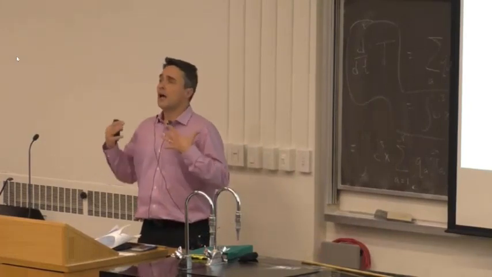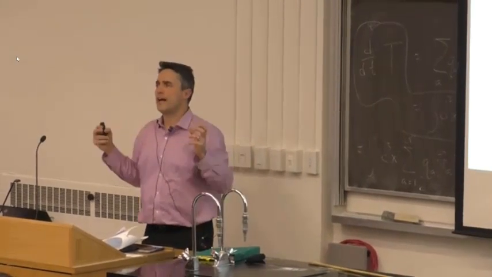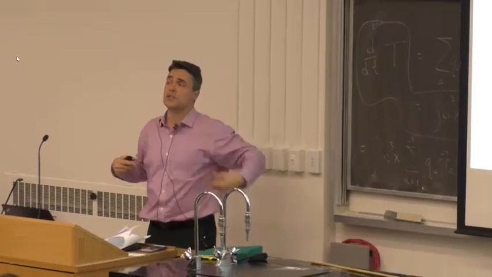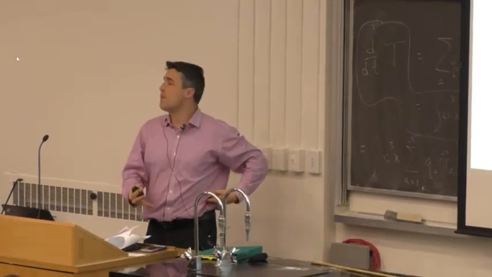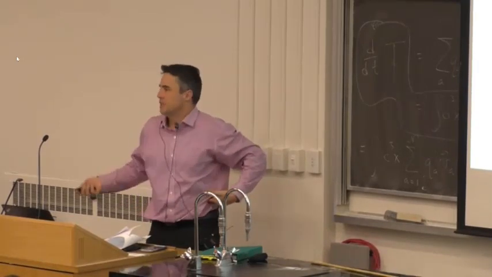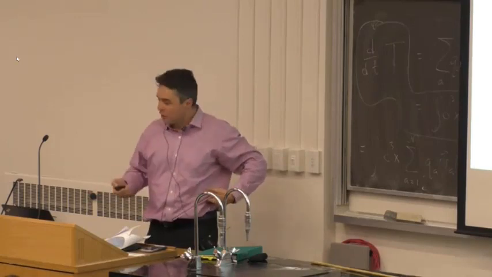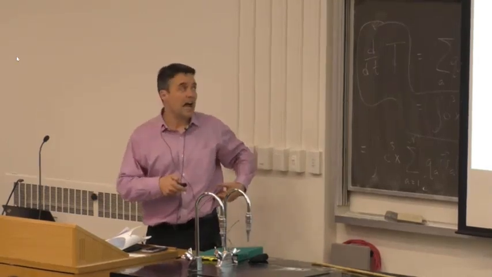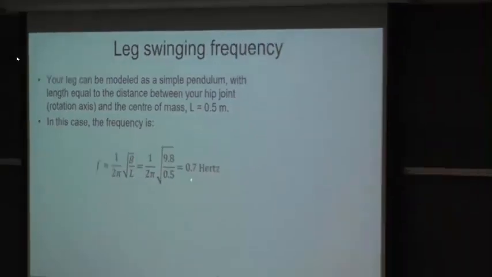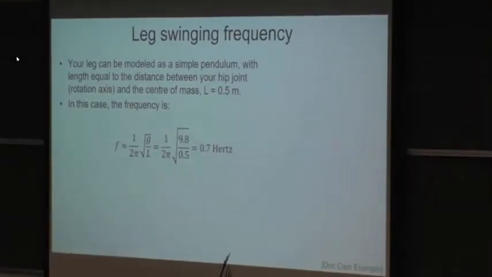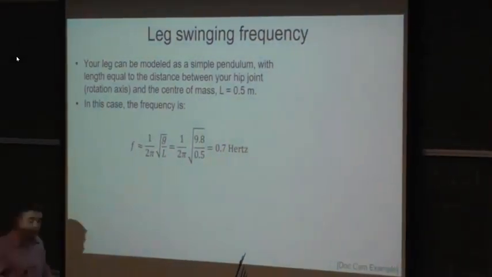And you can calculate that, and once again, that L is an effective distance between the rotation axis, which in this case is your hip, and the center of mass of your pendulum, which in this case would be your leg. So maybe the center of mass of your leg is half a meter down. If that's the case, the frequency is about 0.7 hertz according to this equation for a human.